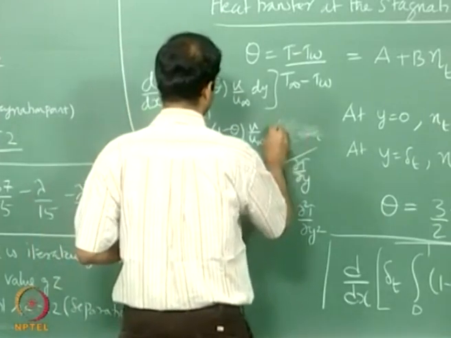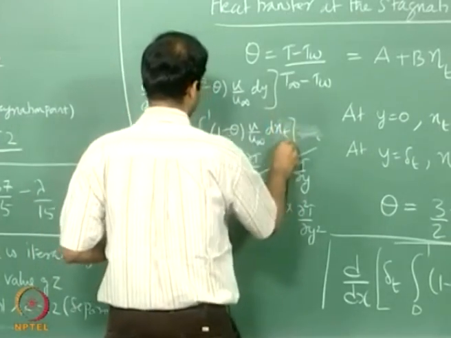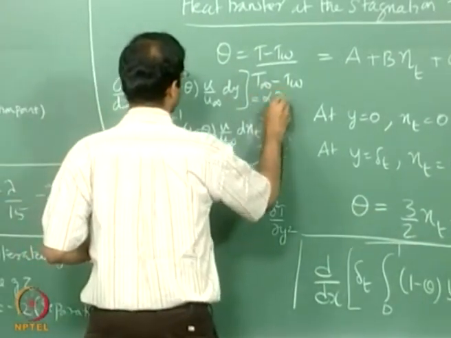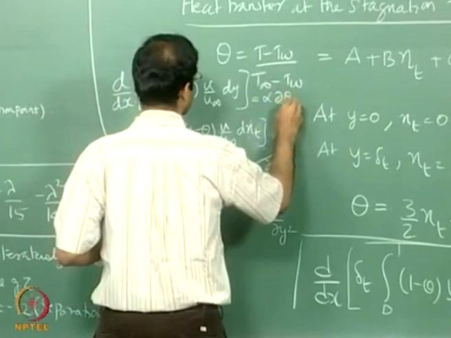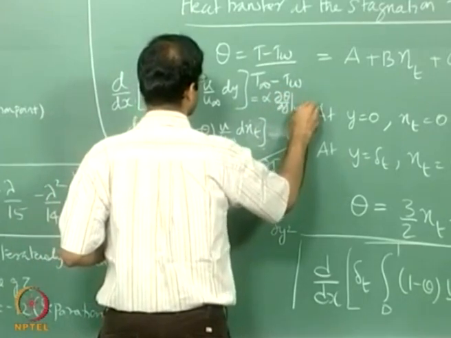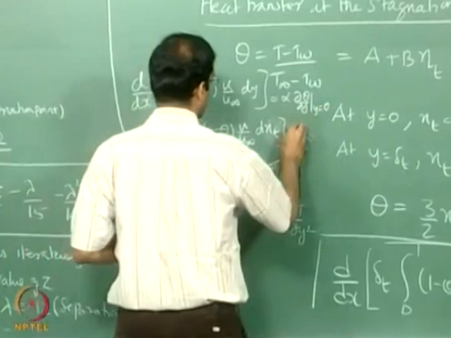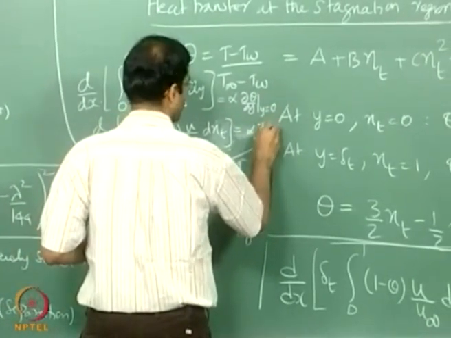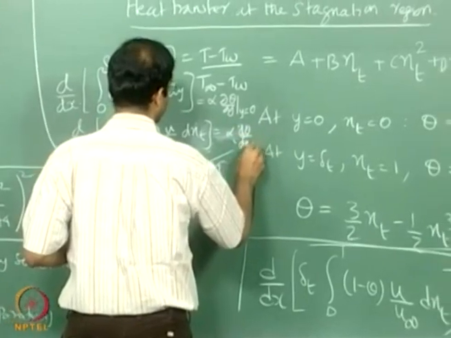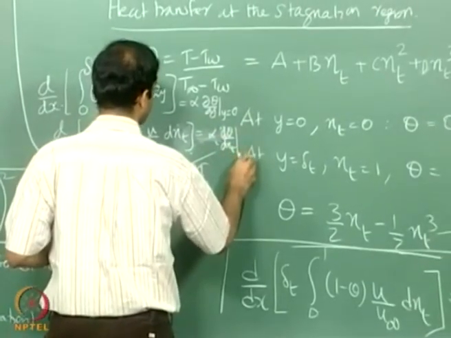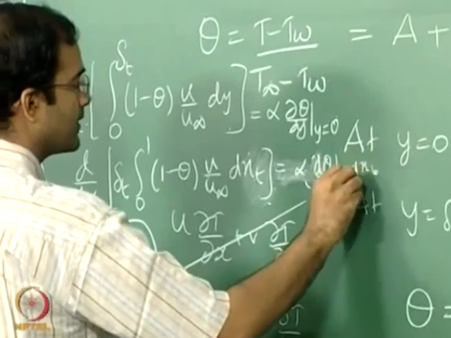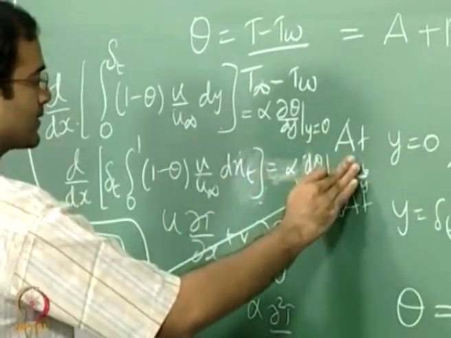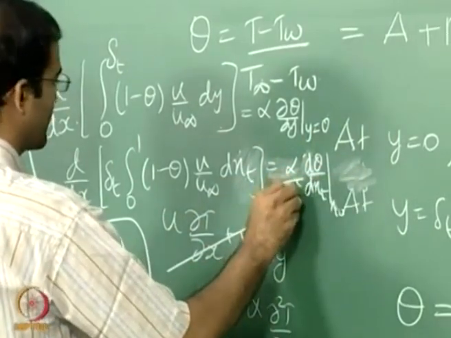This is my left hand side, and on the right hand side I have alpha d theta by dy at y equal to 0. I can write this as alpha d theta by d eta t at eta t equal to 0 into d eta t by dy. d eta t by dy is 1 by delta t, so that's why I have the factor delta t here.